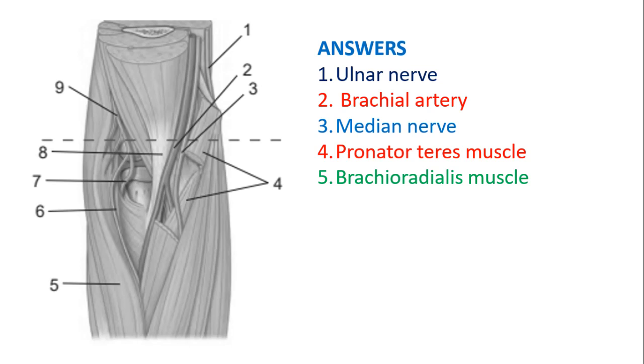Number 6 is just the superficial branch of the radial nerve, and you need to understand that the radial nerve is one of the branches of the brachial plexus.